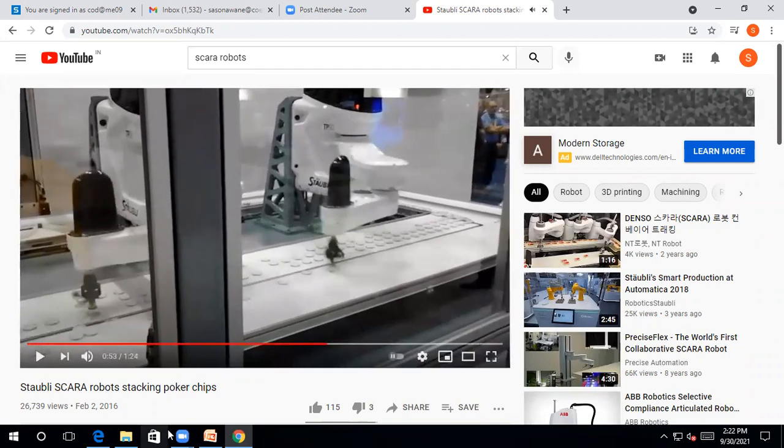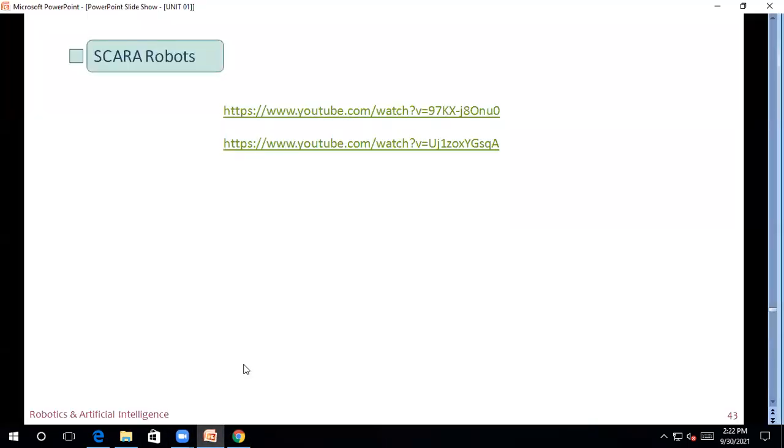Therefore, this is nothing but a SCARA robot. Now next robot we'll see.